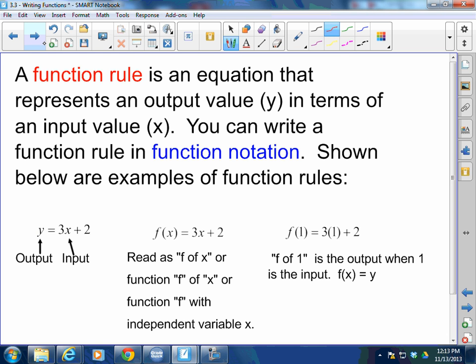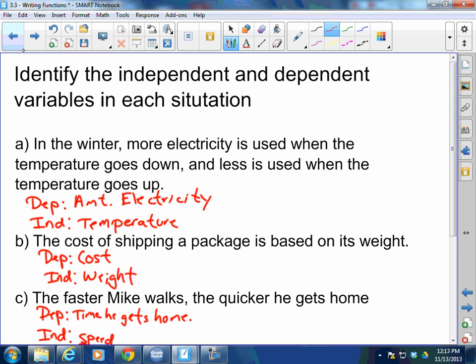We're going to talk about what a function is, what a function rule is, and what function notation is. So please be careful, guys. Please pay attention. A function rule is an equation that represents an output value y in terms of an input value x. Guess what? We already did that.